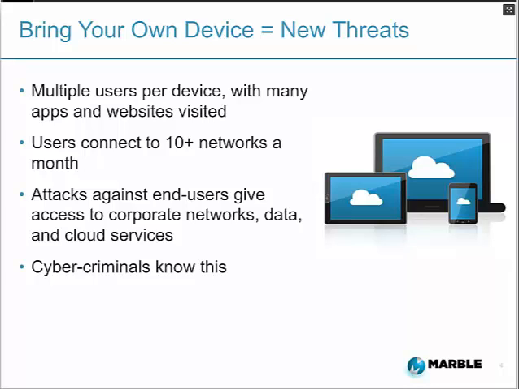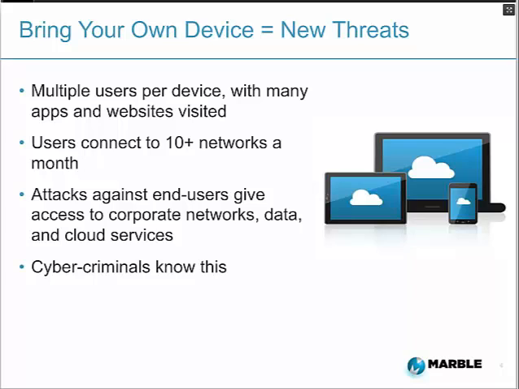The reason this is important is that attacks against end users not only put corporate data at risk, but also put access to the corporate network at risk. So don't just think about a mobile device as a place where someone's got email stored that somebody might be able to copy and read.